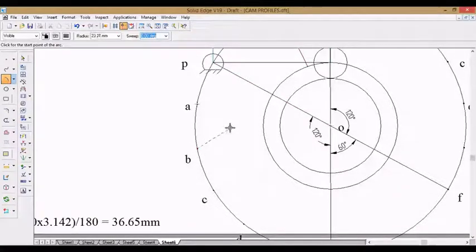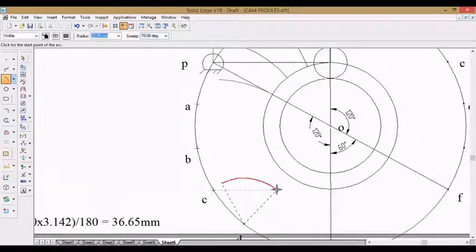And B, the radius is 70 mm. From this point you cut an arc. From point C, the radius of the arc is 70 mm. Cut an arc. The radius is 70 mm.